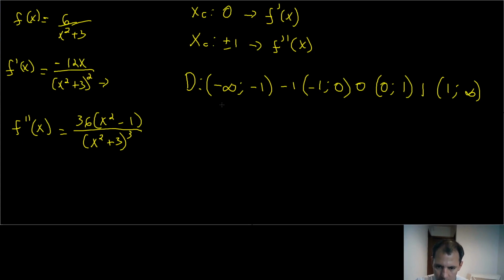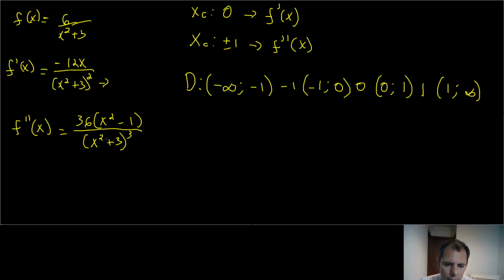Great. Now let's see. When is the first derivative going to be 0? At 0. And at this point, when x is 0, the second derivative is not going to be 0. But what is the second derivative going to be? Well, this is going to be a -36, and this is going to be over 27.